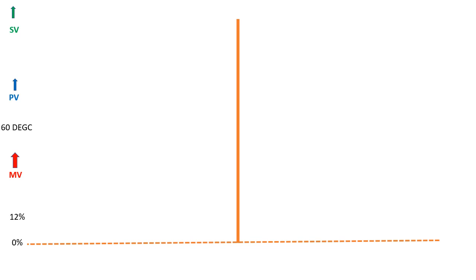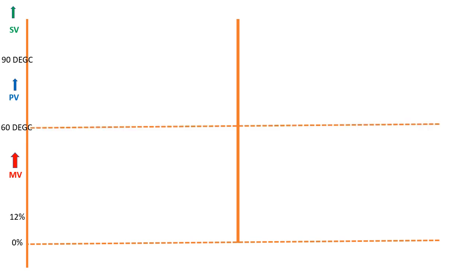Now, in this particular slide, we will understand how the reset or integral windup happens and how the anti-reset really works. In the y-axis, on the upper portion, we have taken PV and SP, and in the lower portion, we are taking MV. Suppose the operation was going on at a 60 degree centigrade temperature.